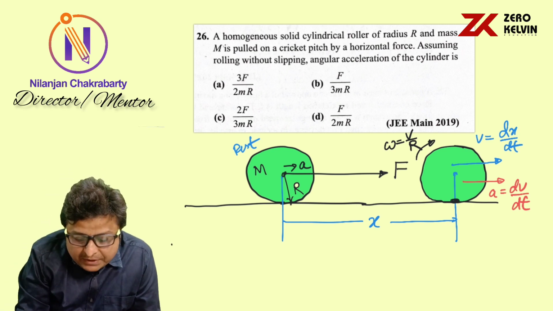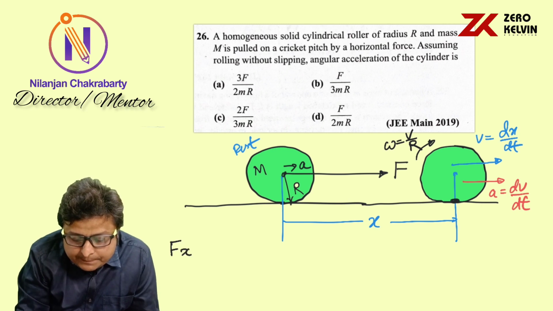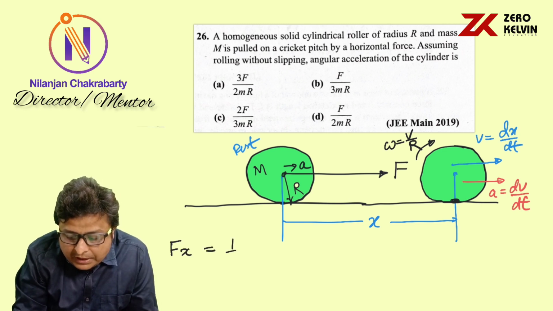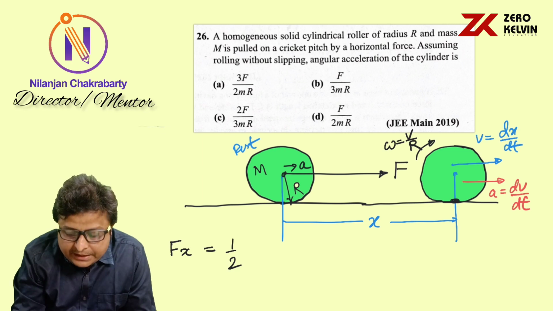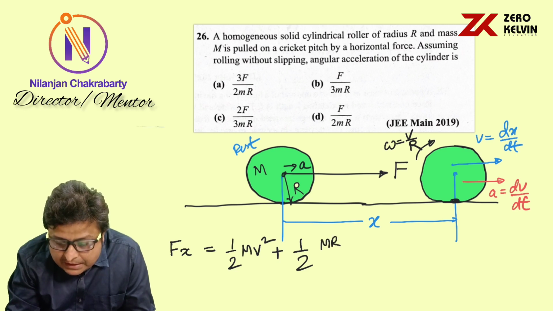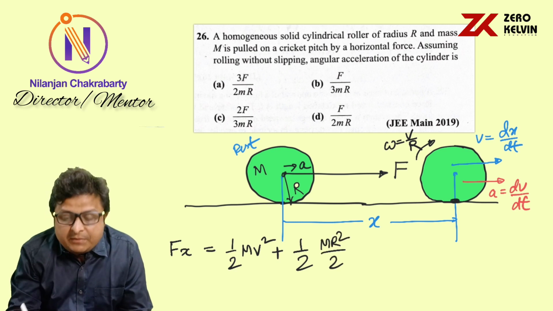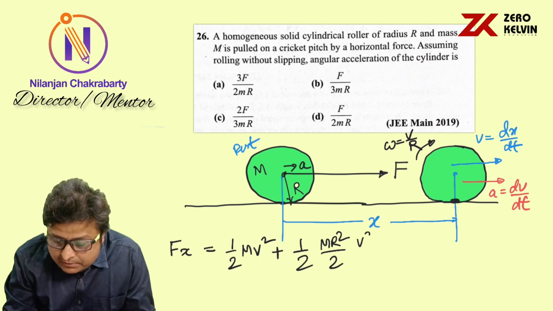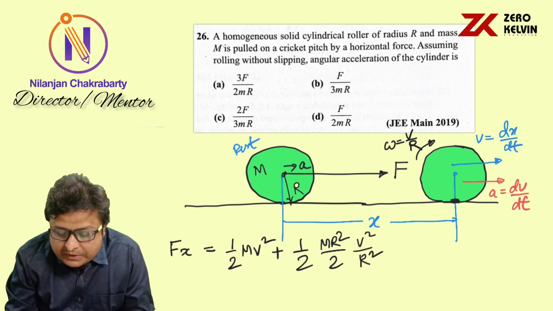Okay, so let us apply the work energy theorem. Fx equals the translational kinetic energy, half mv square, plus half I omega square. What's I? Cylinder, so mr square by 2, I about cm, into v square by r square.